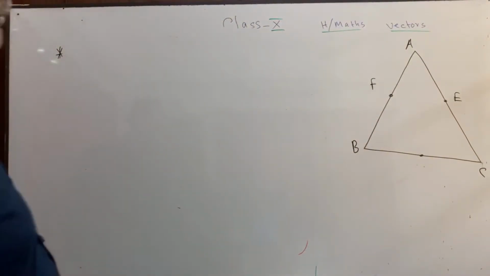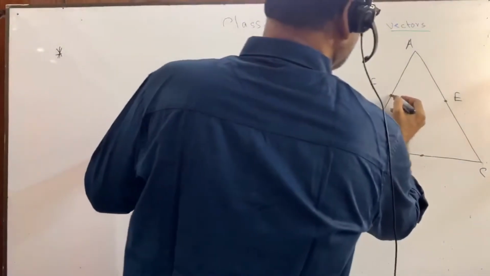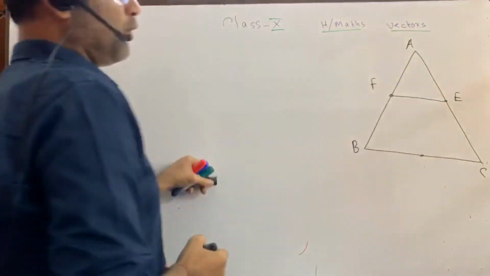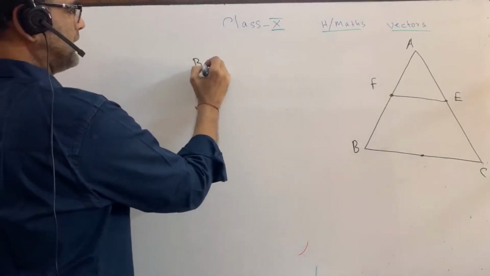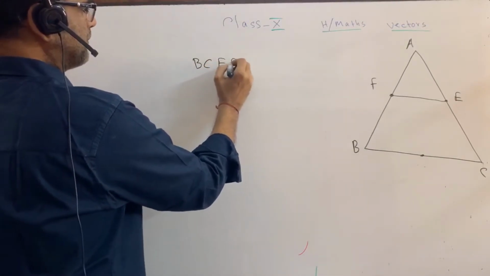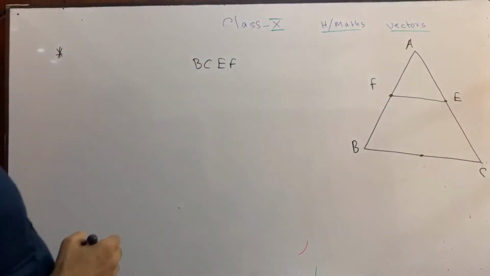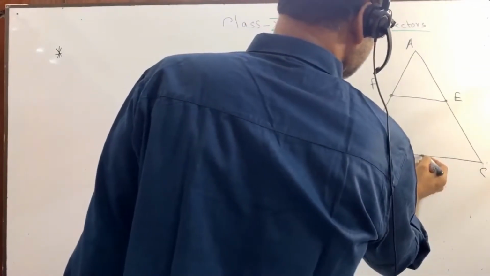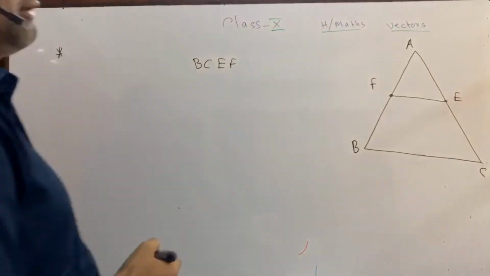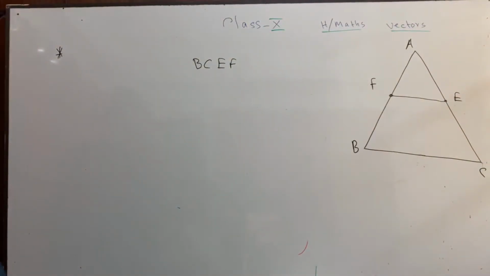Now if we join this, we are getting a quadrilateral BCEF. A quadrilateral we are getting, BCEF, right? Yes, it is. We are getting now a new quadrilateral BCEF.